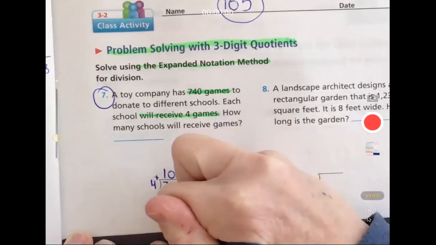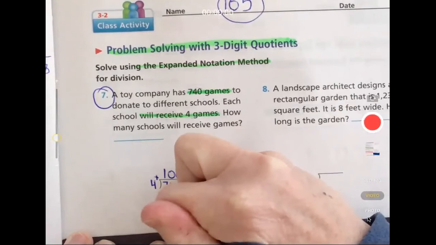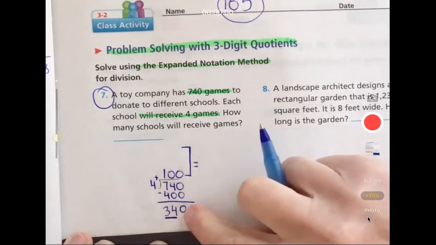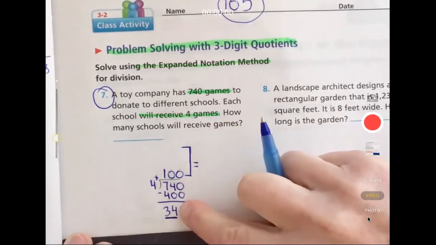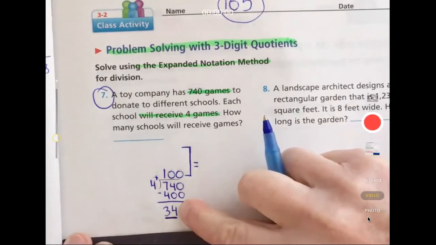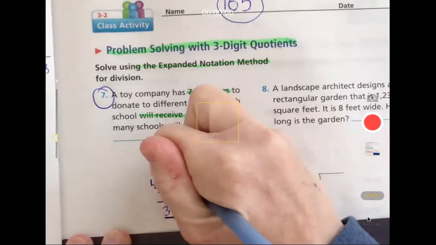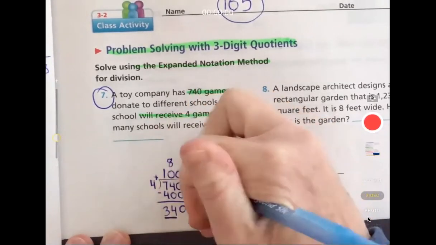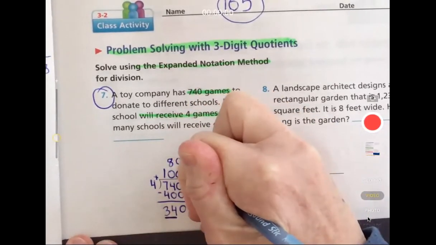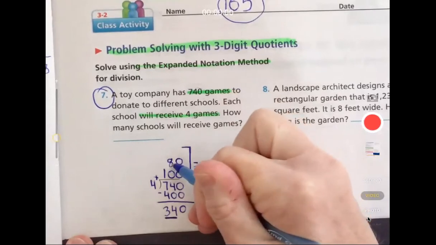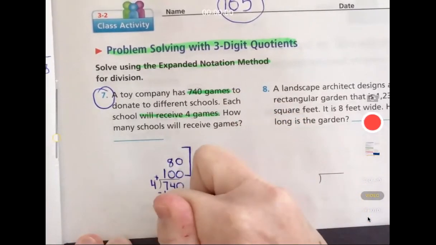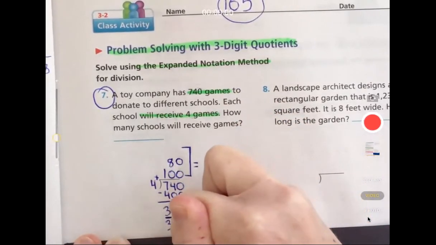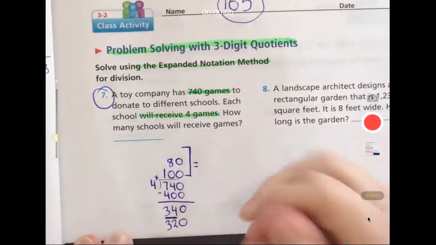So 4 times what gets me really close to 34 without going over? I hope you said 8. So remember, I'm in the tens now, so I have to put one more 0. So that's 80. 8 times 4 is 32, and we have a 0 because it's the tens place.